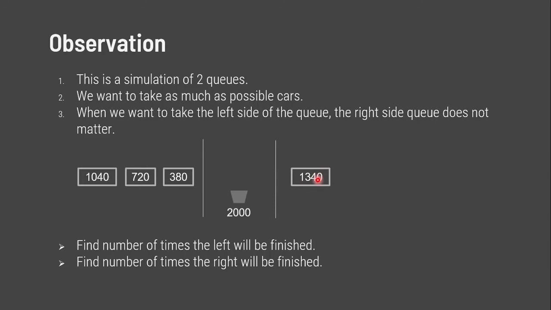So in this case, it's true that the answer is 2 plus 1, which is 3. But you might be thinking this is not the final answer because, for example, we need 5 times from the left and only 1 time from the right. We cannot just take 5 plus 1 as the answer because we need to go back and forth, back and forth, back and forth, which means we need to take 9 times.